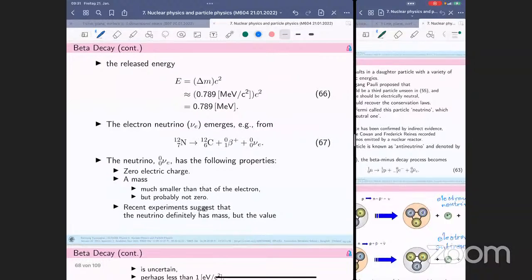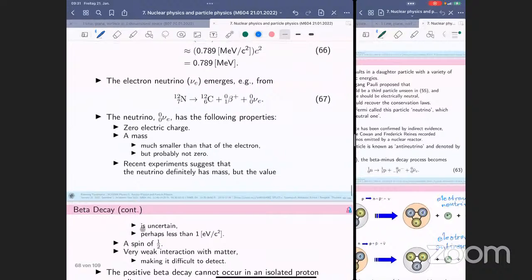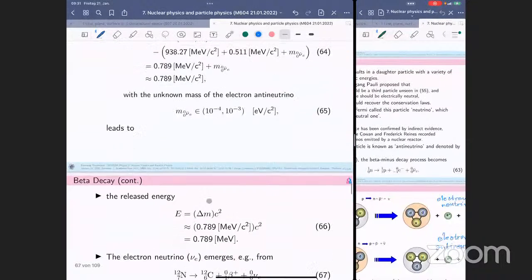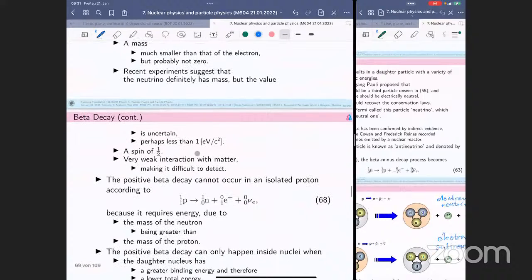Recent experiments suggest that the neutrino definitely has mass, but the value is not sure, perhaps less than 1 electron volt per c square. Because it's not well known, the information might differ from time to time and area to area.